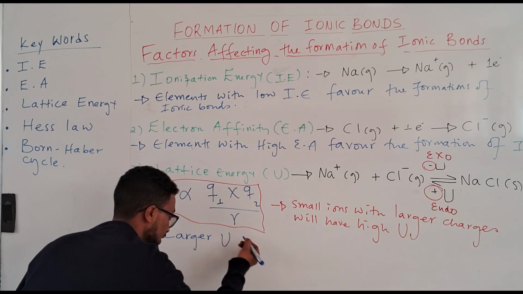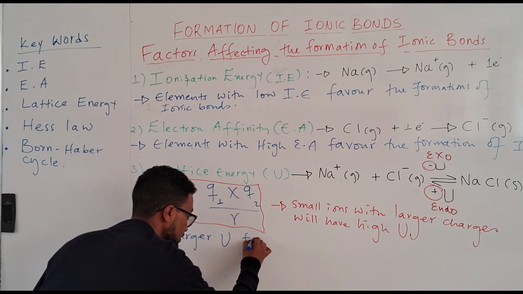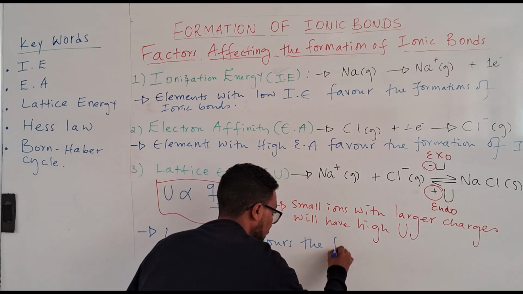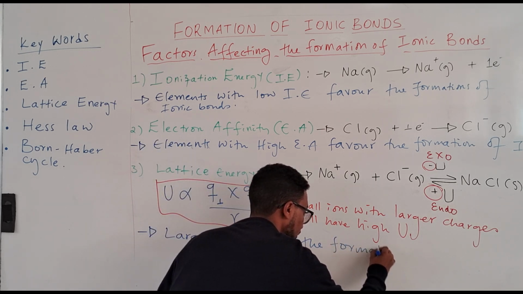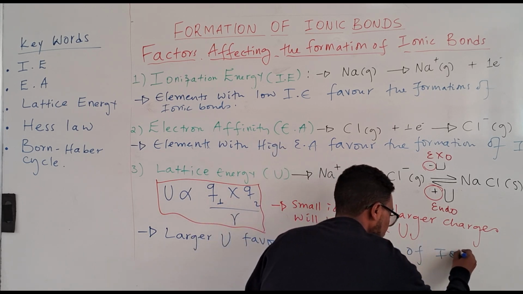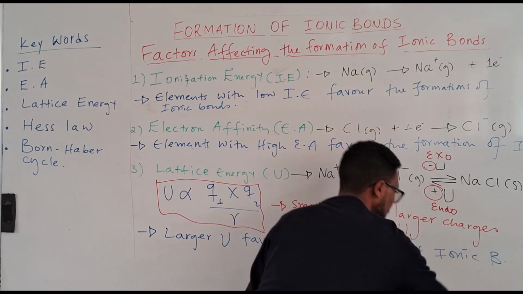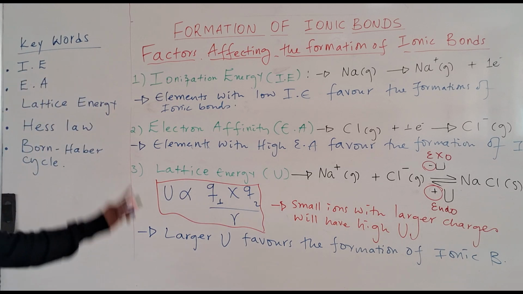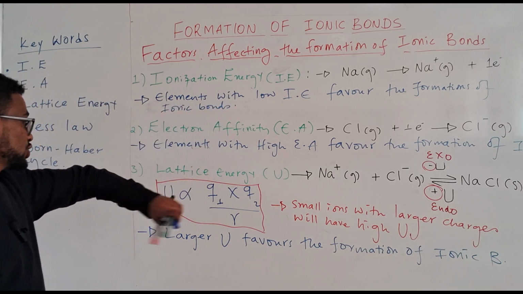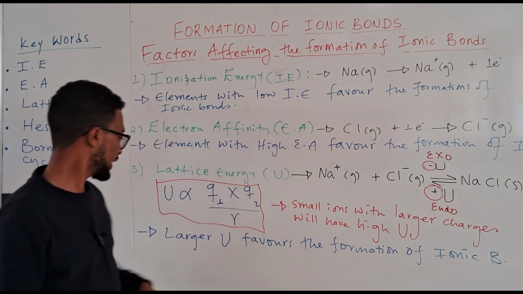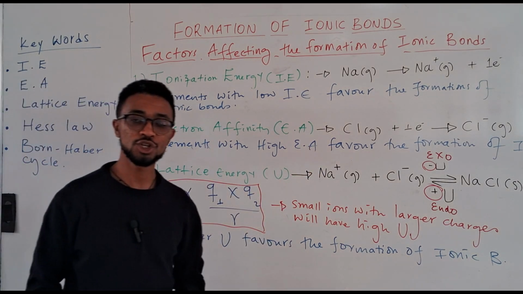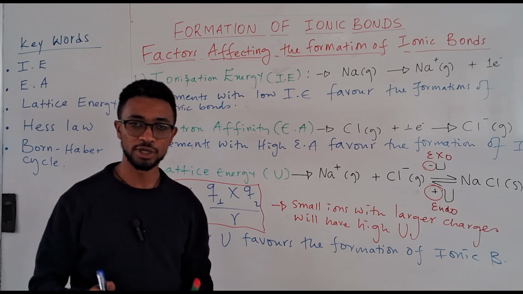Larger lattice energy favors the formation of ionic bonds. Let's summarize this. Low ionization energy, high electron affinity, and larger lattice energy favor the formation of ionic bonding.